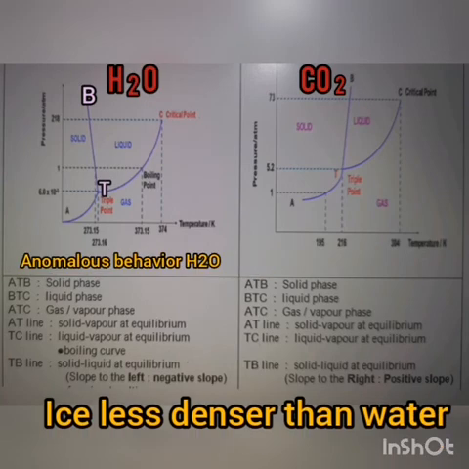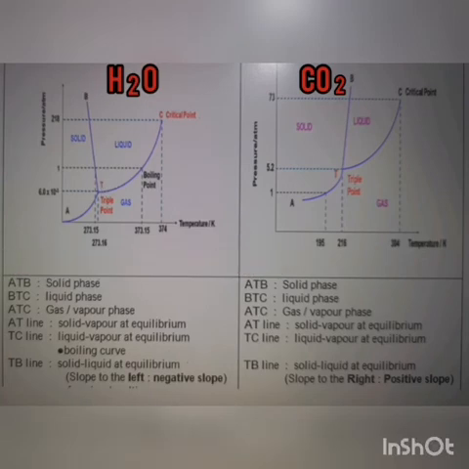And one more thing I'd like to share with you for both. We have a point representing the triple point, which is solid, liquid, vapor at equilibrium. For both also, at the critical point, water vapor cannot be condensed to form water no matter how high the pressure applied, so we cannot separate liquid or gas.